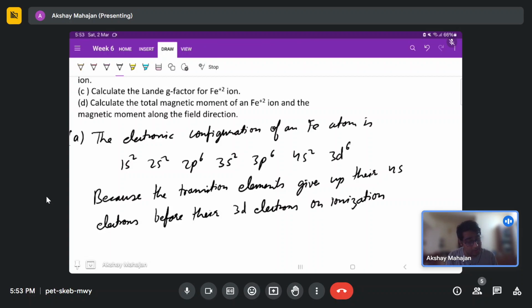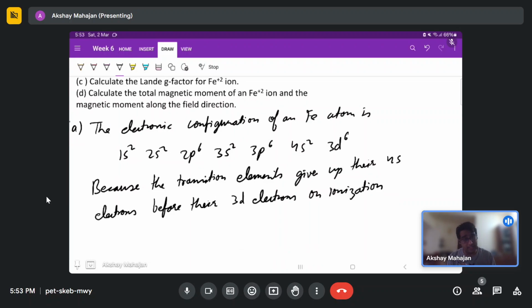Okay, but when we do the ionization of these transition elements, they give up the 4s electron first rather than the 3d. So if this kind of configuration is given to us and they ask for the 2 plus, don't make this mistake: you have to take the electron from 4s rather than from 3d.